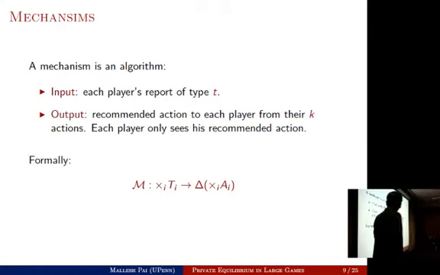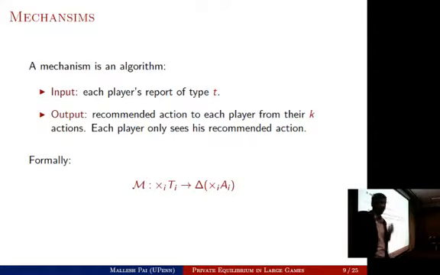A mechanism, like I said before, is really just an algorithm that takes as input each player's report of type and then spits back out a recommended action to each player from their k actions. Each player only sees his own recommended action, and the mechanism gets to correlate the recommended actions to each player insofar as it likes.